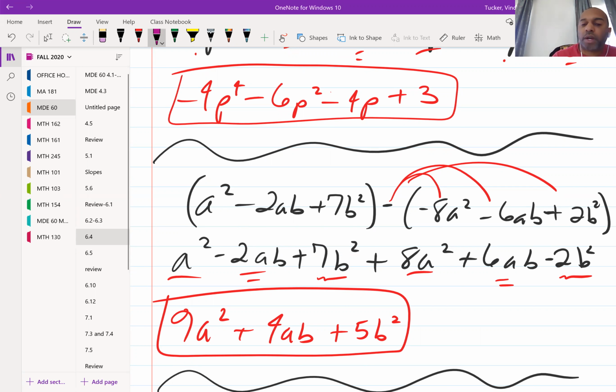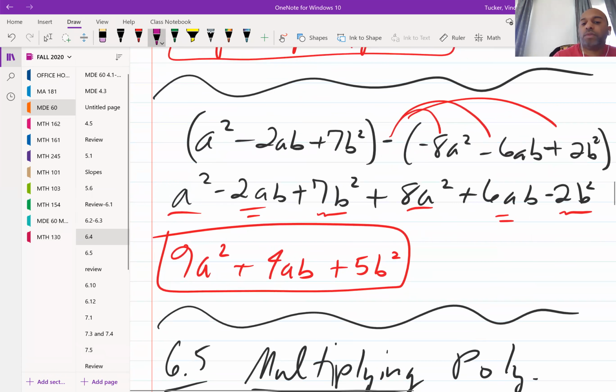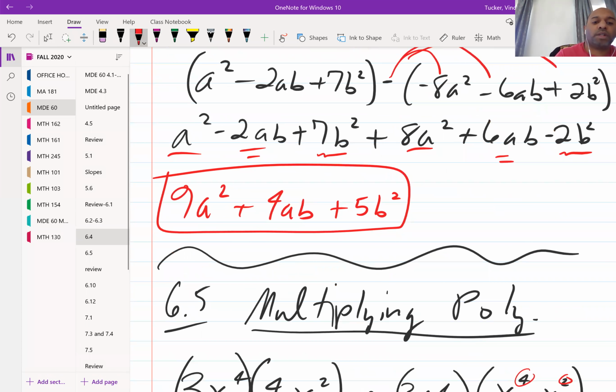All right. So let's look at multiplying your polynomials, and then we will call it a day. This is 12.3.